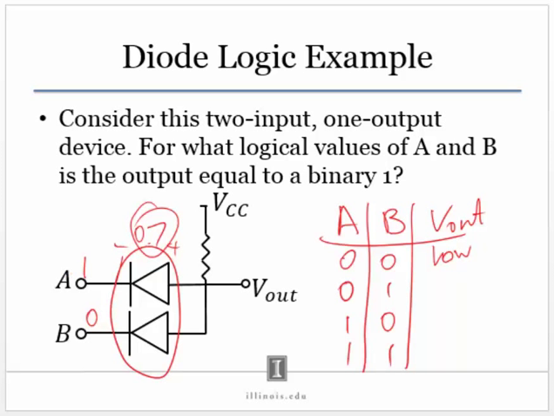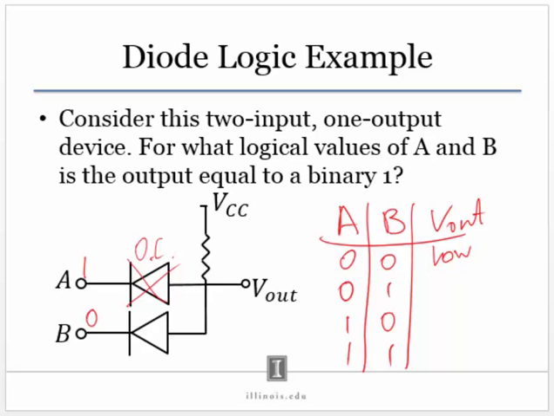Now, for the upper diode, we have 5 volts here and 5 volts here, and this diode is just going to be off. The diode in path A is going to be off, or open circuit.